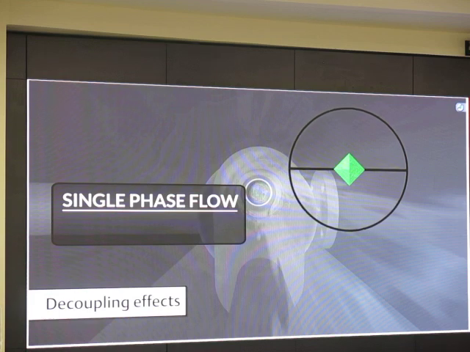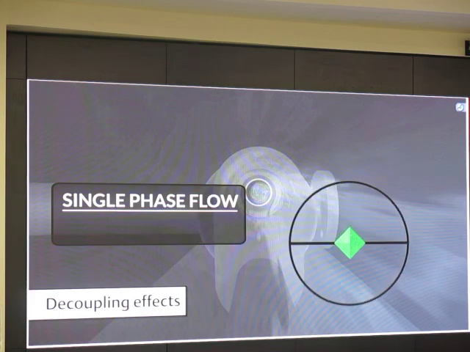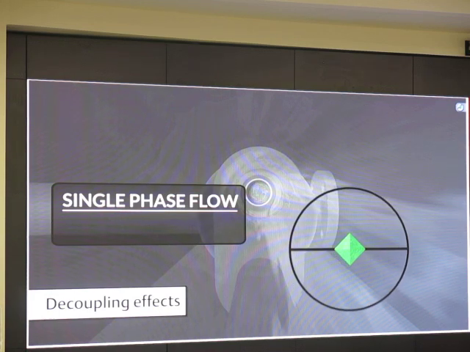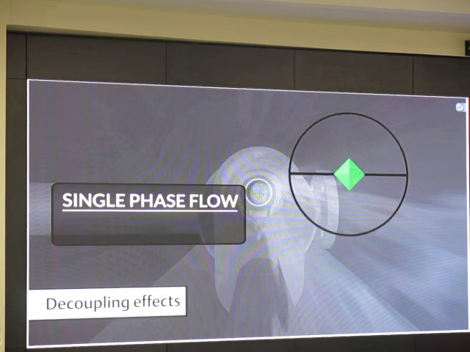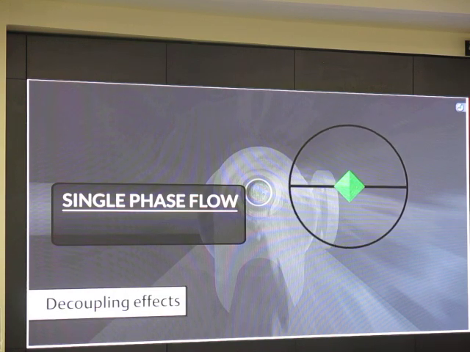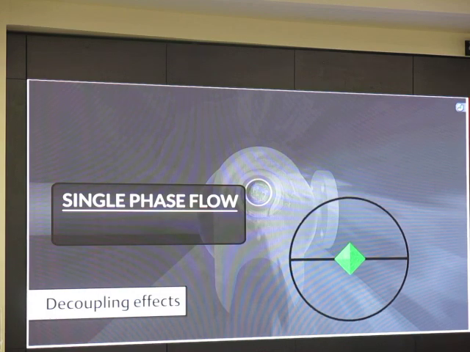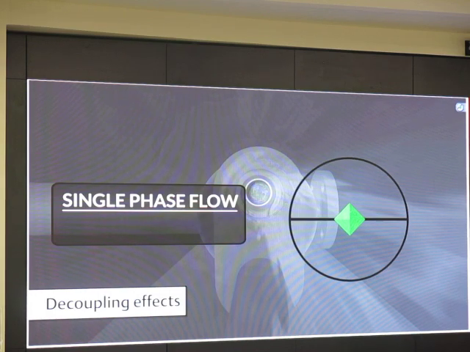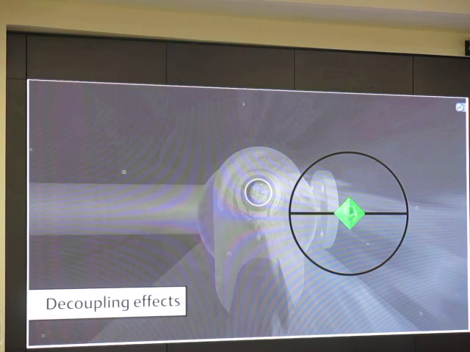In the case of single-phase flow, there is only liquid inside the tube, and the center of gravity, the green square, moves directly with the center of the fluid. So all is well, and there is no error associated with decoupling.